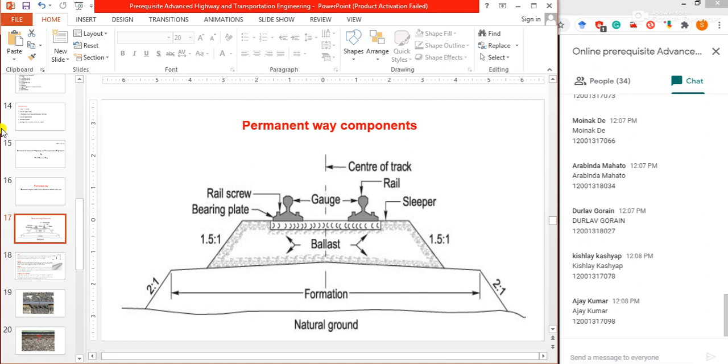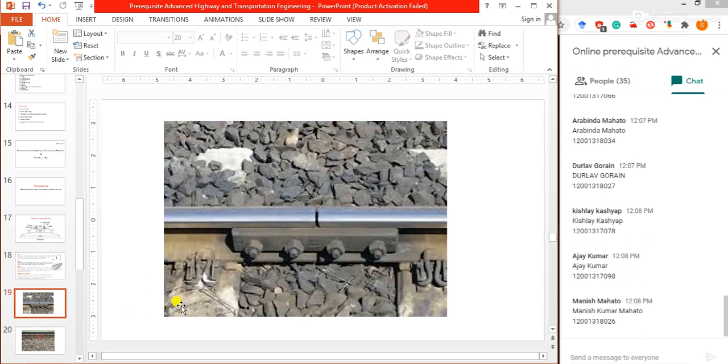The rails are joined in series by fish plates and bolts, and these are fastened to the sleepers with various types of fittings. One thing is the fish plate and bolts. We will come to the details, but this is the fish plate in railway, used for joining two rails. Fish plates, bolts, various clips, we will study slowly.